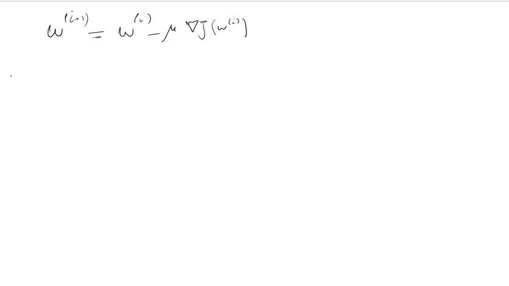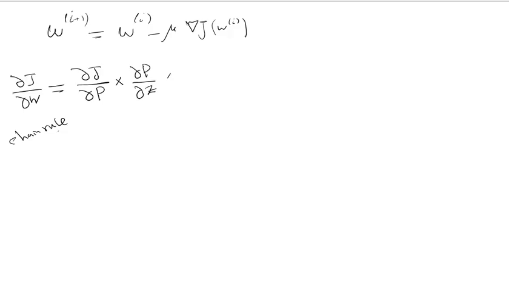Gradient J, or the derivative of J with respect to W. Again, I need to use the chain rule, which is round J over round P, round P over round Z, round Z over round W.